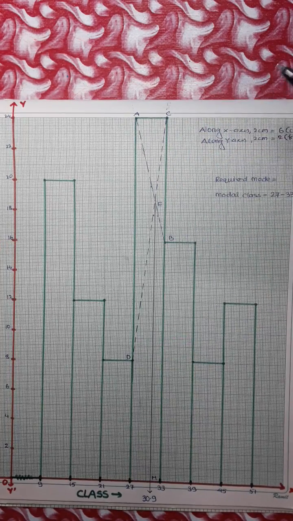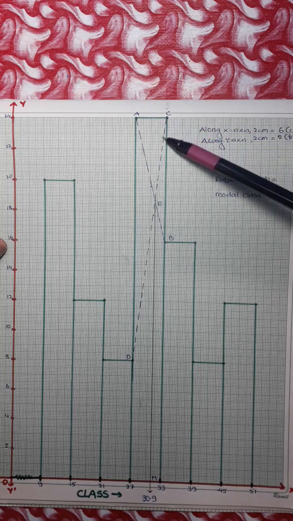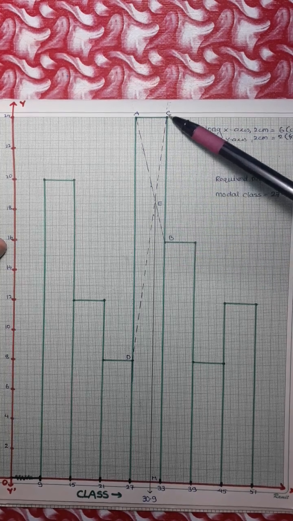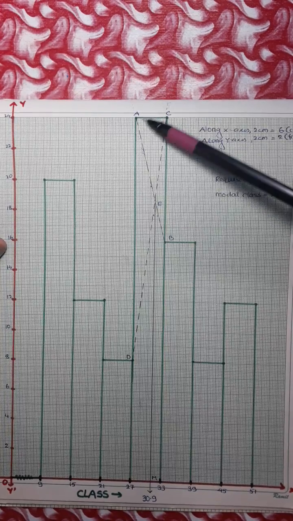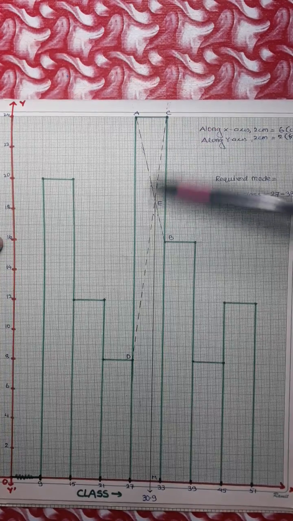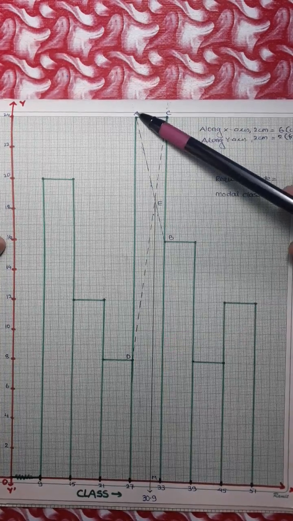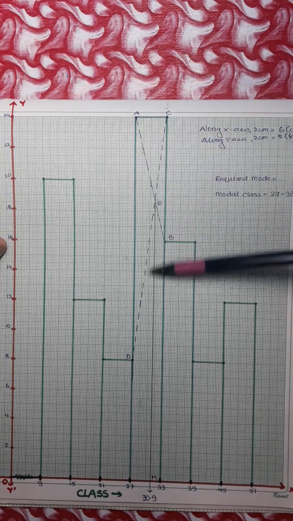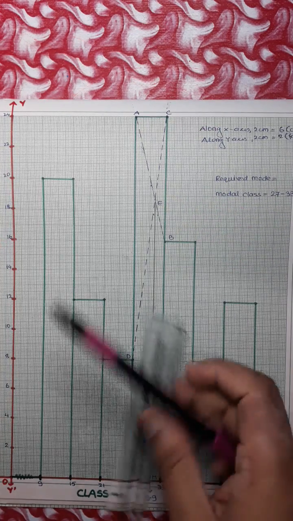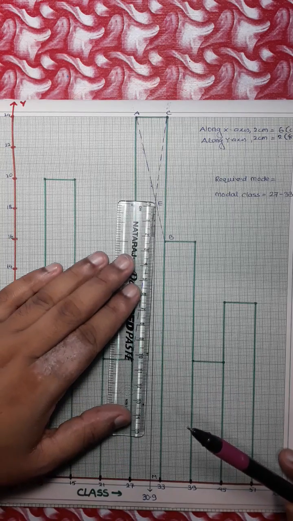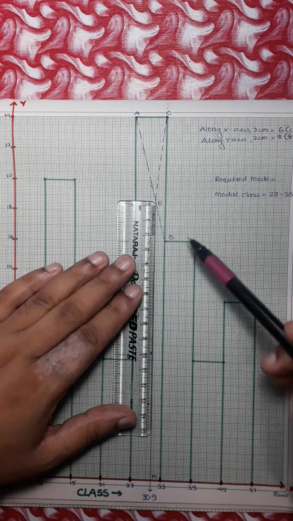Now we can draw two lines diagonally. It must join C to D and A to B. If these two lines are intersecting at point E, from E, the point of intersection, we can draw a perpendicular.